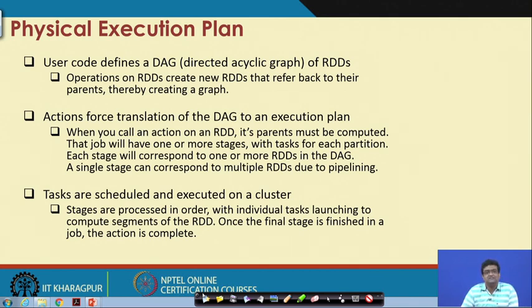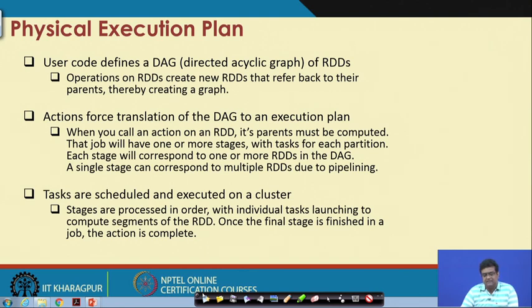Actions force translation of the DAG into an execution plan. Whenever you call an action on an RDD, the RDD itself and its parents must be computed. The job has to be divided into stages, as we have already explained, and each stage has to be computed.